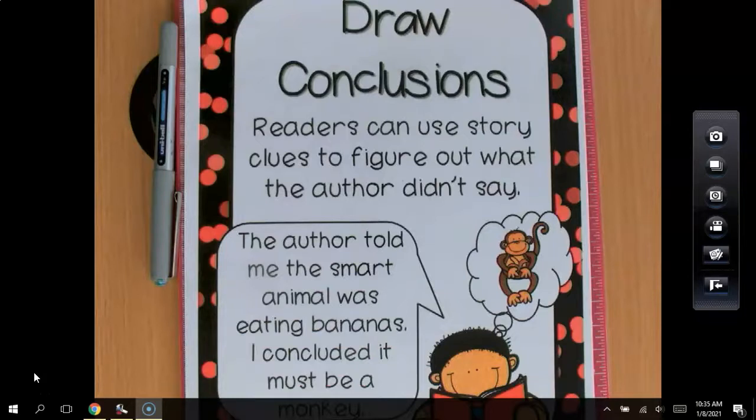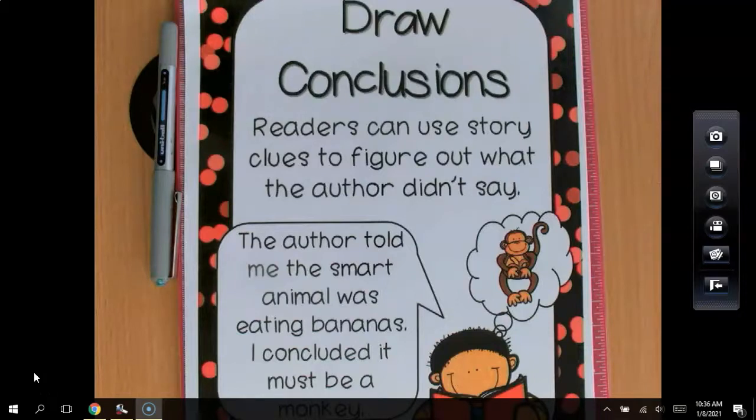A lot of times the author is not going to provide us with every single piece of information. They want us to make conclusions about what they're talking about. A lot of times we can use context clues within the story. We can use our prior knowledge. What that means is the knowledge that we already know.